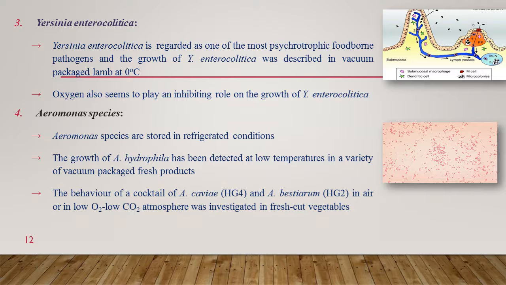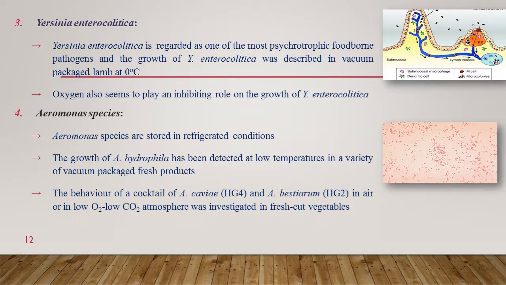Next, Yersinia enterocolitica, which is a gram-negative bacillus-shaped bacterium that causes a zoonotic disease called yersiniosis, from which we can save our MAP product by doing many applications. Last one is Aeromonas species.